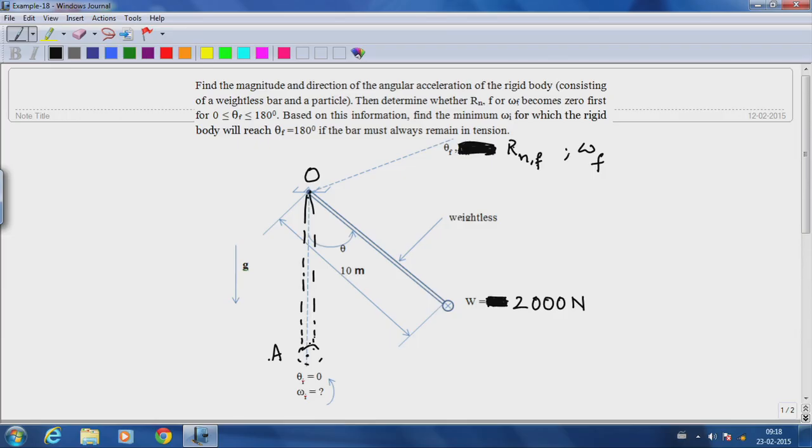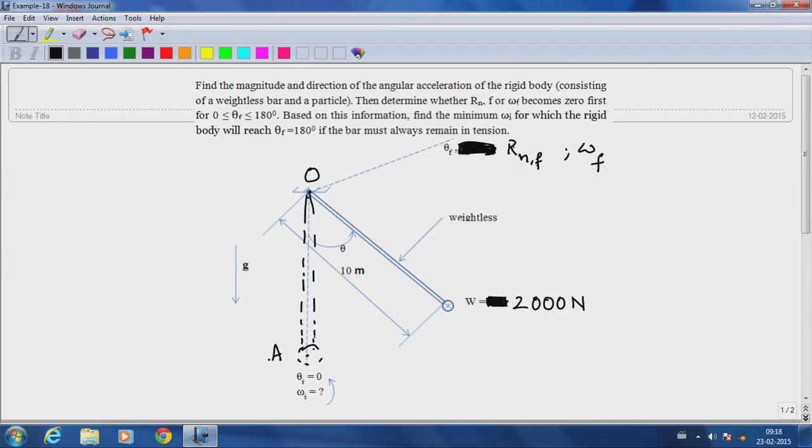The difference between a rigid bar and a string is that the string cannot sustain compression, it can only sustain tension. So, if this was not a rigid bar but a string, what angular velocity would I need to give to this string plus mass mechanism in order for it to do a full circle? Okay, so, these are the two questions we ask ourselves.